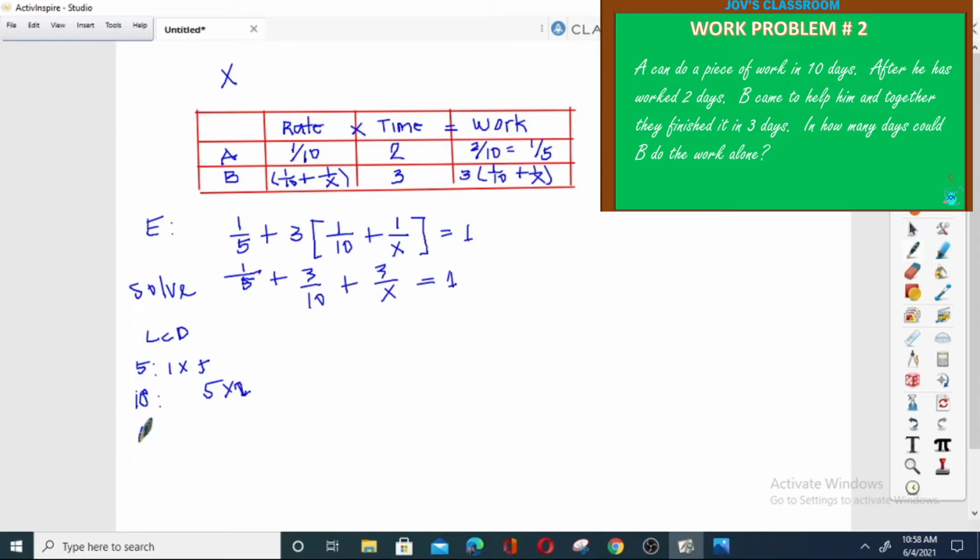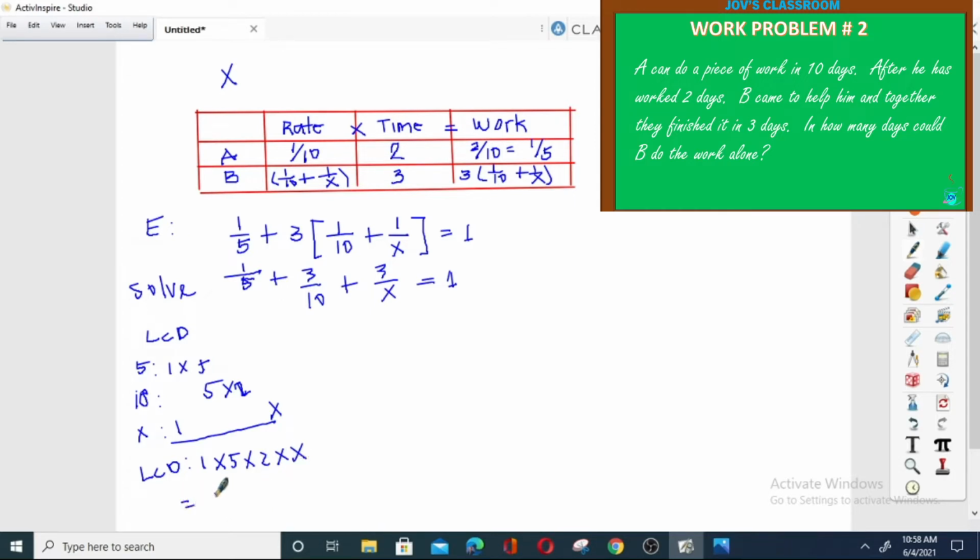And x is 1 times x. So therefore the LCD is 1 times 5 times 2 times x.